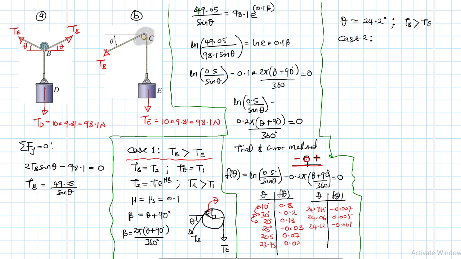Case 2, we are going to assume that TB is less than TE. So if that is the case, then we expect TB to be equal to T1 and TE to be equal to T2.